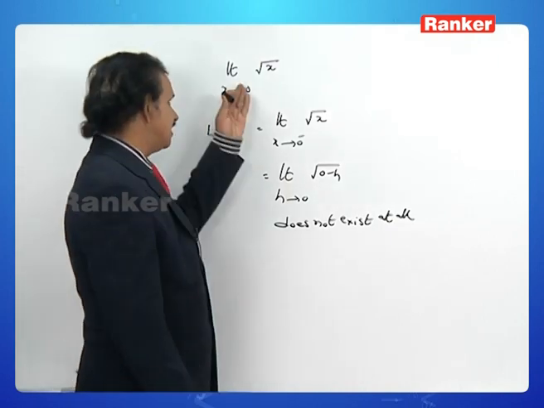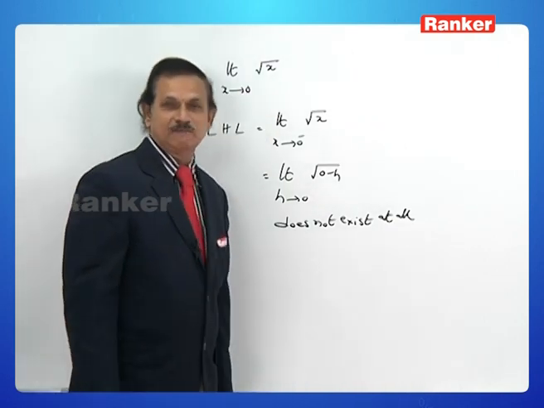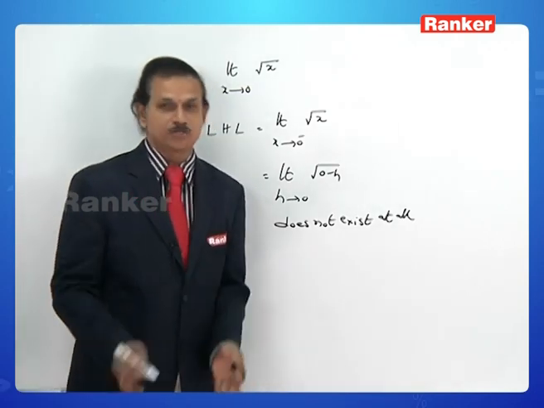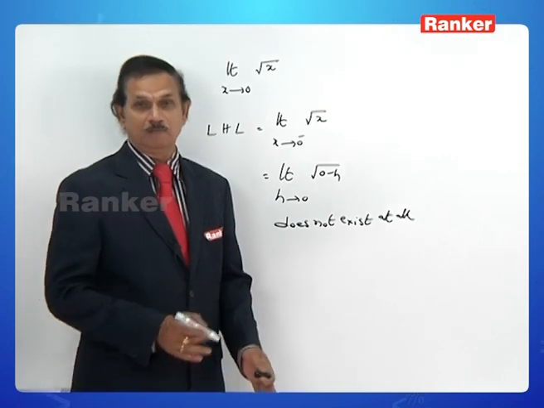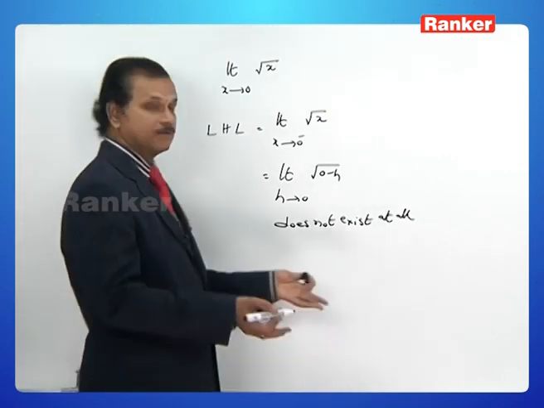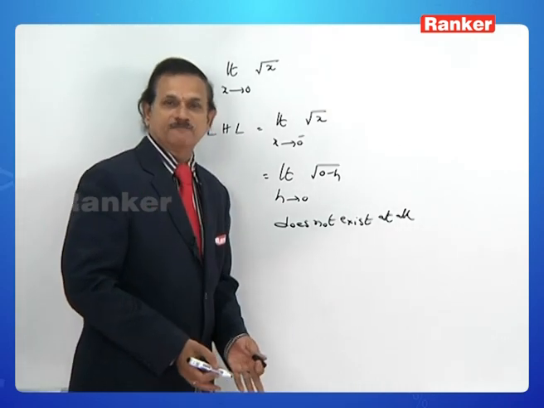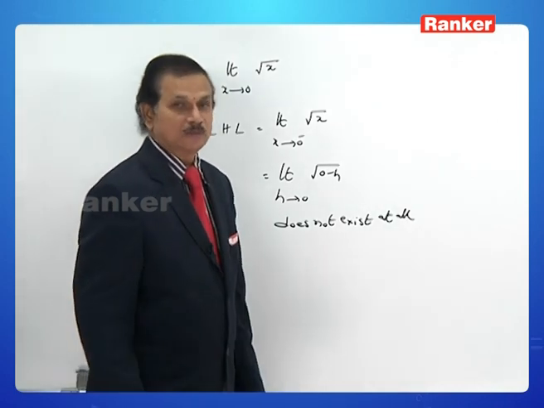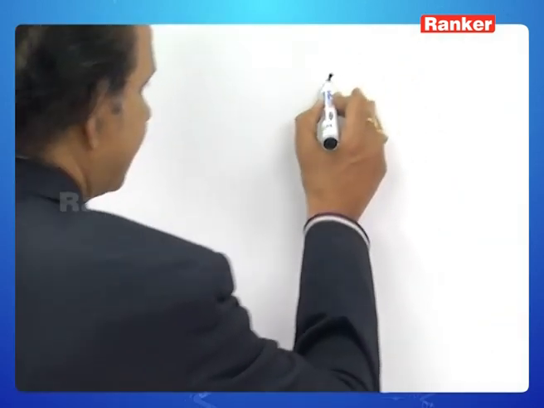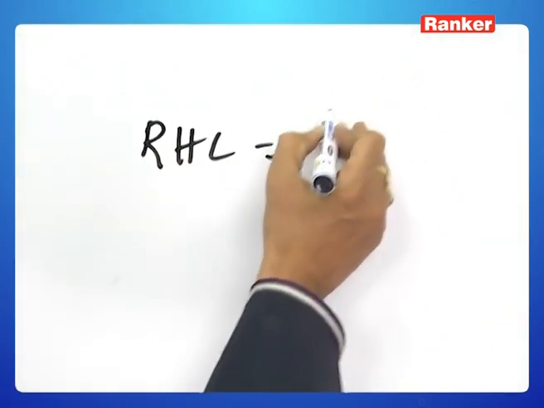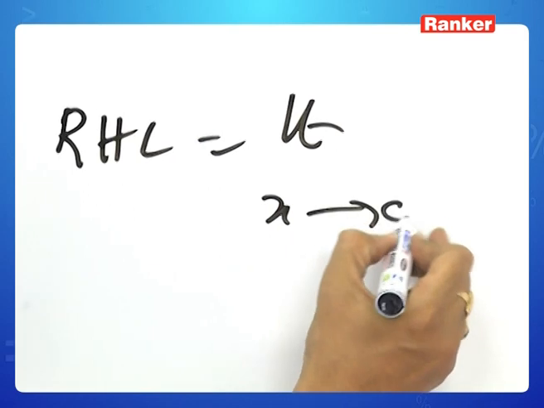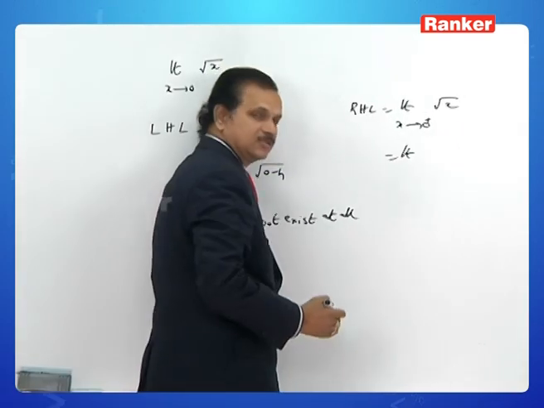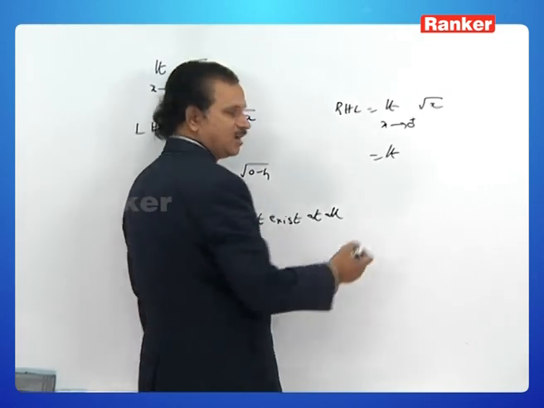Therefore, there is no question of speaking of the limit as x tends to 0 of root x. It does not exist. Why? Because both the left hand limit and right hand limit should exist and they should become equal. But here, the left hand limit itself does not exist at all. Therefore, we say that the limit as x tends to 0 of root x does not exist. Whereas, the right hand limit, limit as x tends to 0 from right of root x, let us use the h conceptual limit.